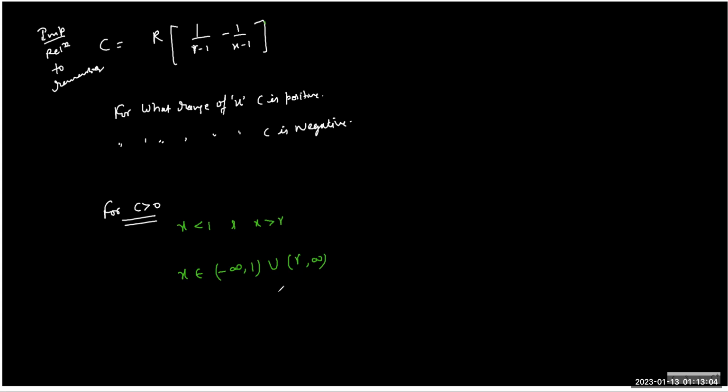And for C negative, x should be between 1 and gamma.